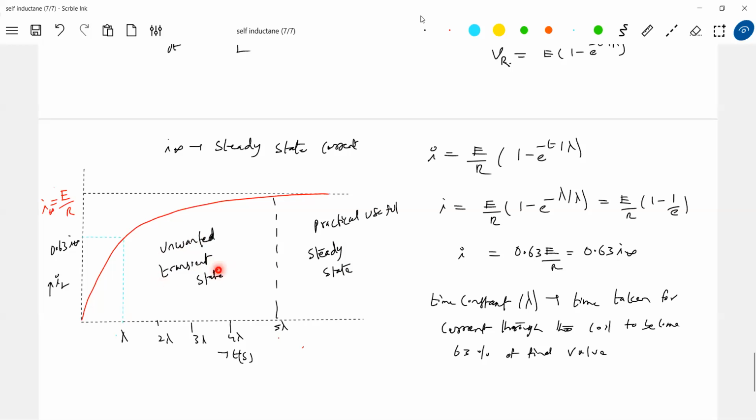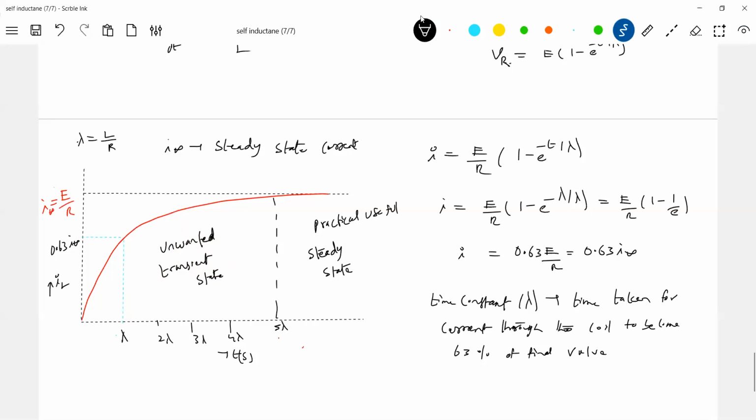It should be minimized here. So tell me how to minimize this. Whose help should I take? The time constant. So what is lambda? Tell me, in a circuit I design where there will be inductance and resistance, what type of circuit should I prefer?